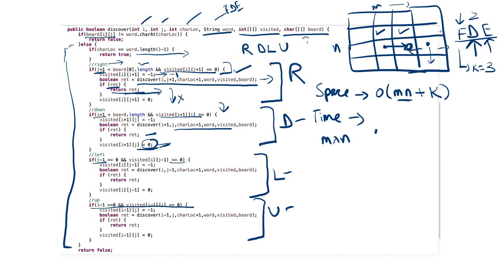So the maximum number of characters in the word is k, and for each character we have four directions to look at. So we have 4 to the power k, right? Because we are going 4 into 4 into 4 till the number of characters in the word. So our overall complexity will be m into n into 4 to the power k.